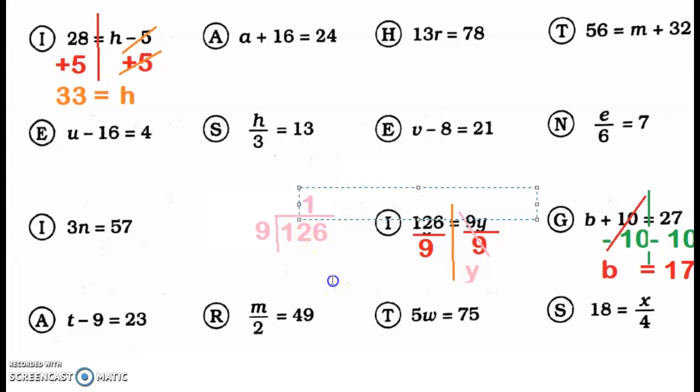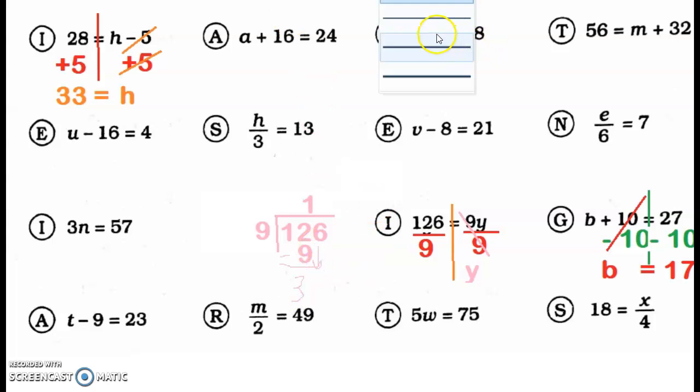9 goes into 12 one time. I bring my 9 down here. Now I have to do 12 minus 9. I think I'm writing too big. So 12 minus 9 is 3. I'm going to bring down my 6. I hope you guys can see this. It's a little thin. A little thicker here for you guys.